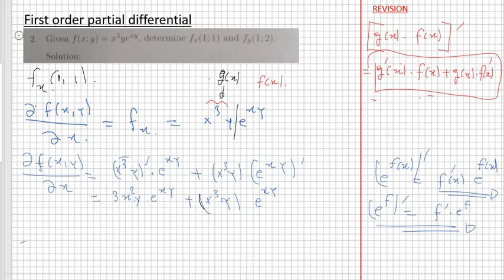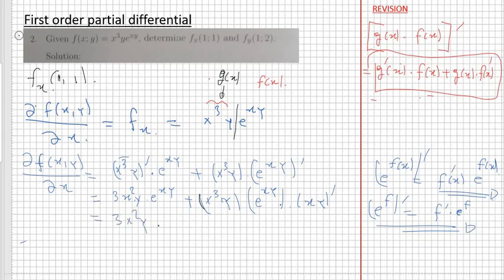If we apply this formula, you have e to the power of the function, you repeat that, and then you multiply by the derivative of the function. So you derive the exponent with respect to x.